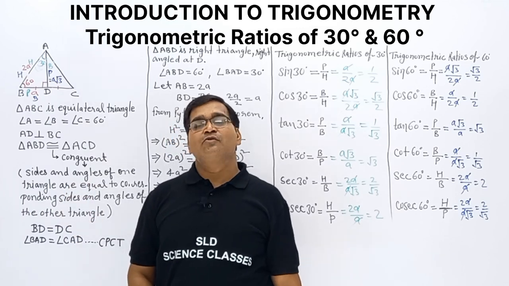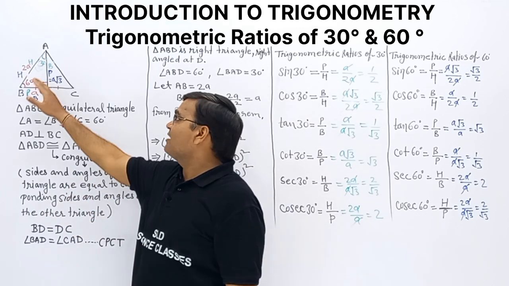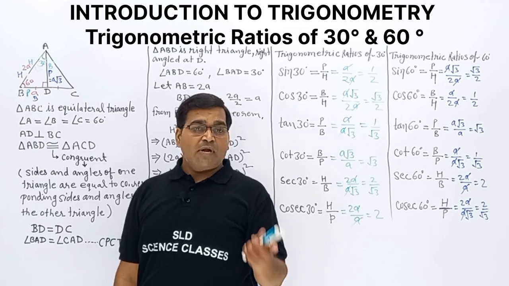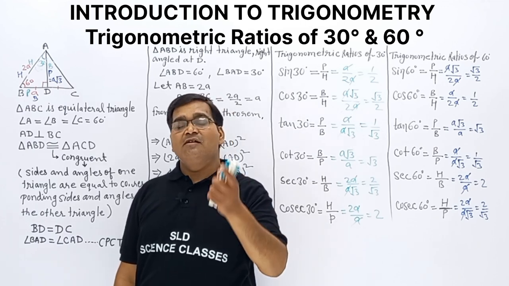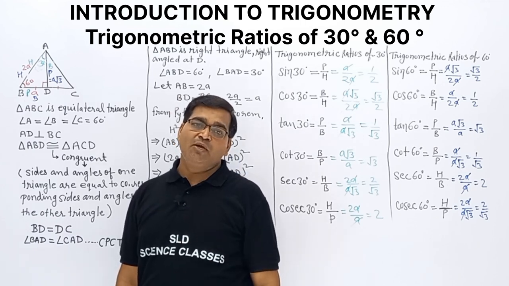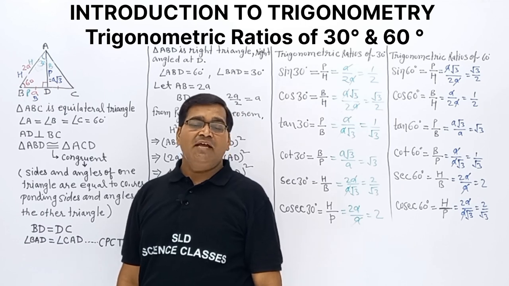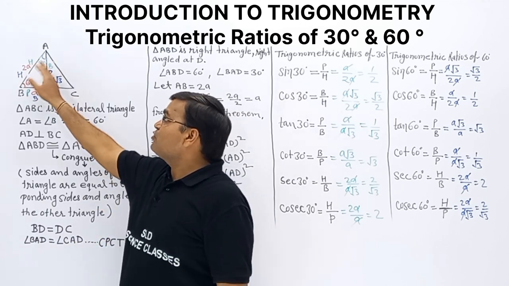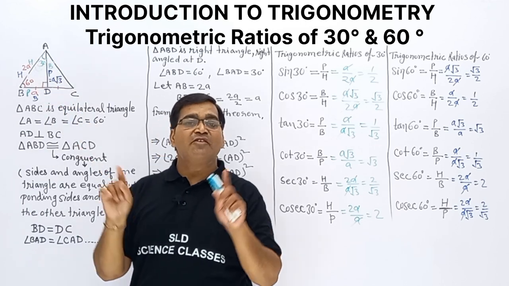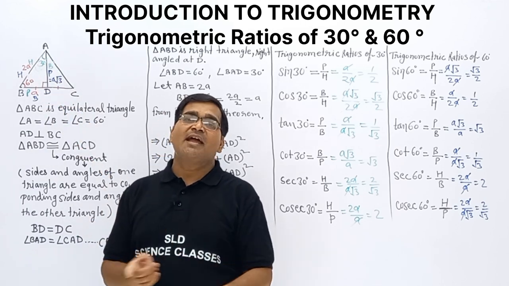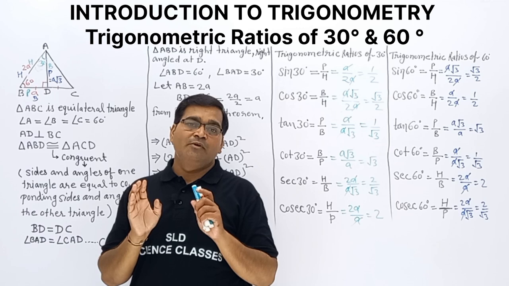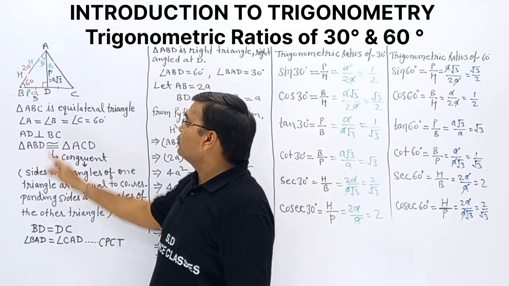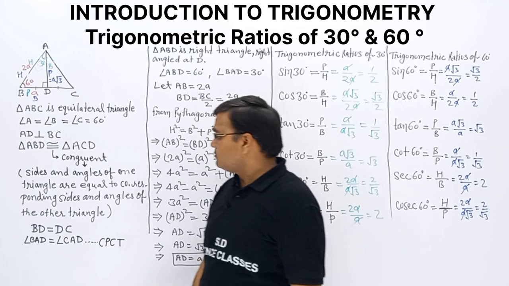The congruence rule is that if two triangles are congruent, all sides and corresponding angles will be equal, so both will be congruent.